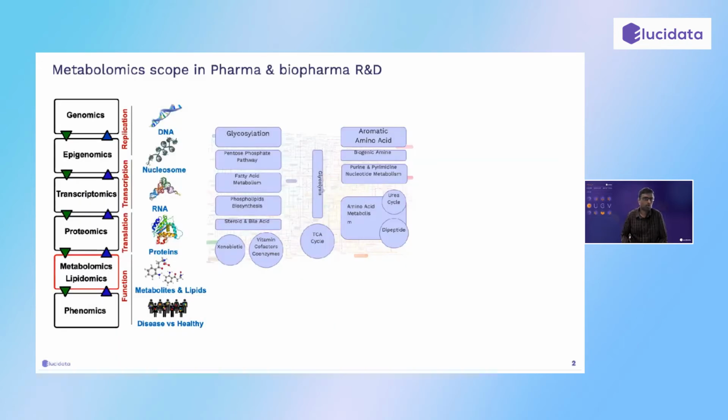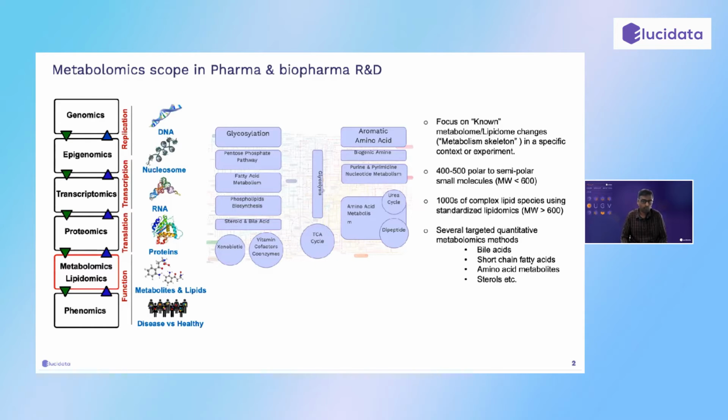So what is the scope of metabolomics in pharma or, for example, in biopharma R&D? If you think about it, mostly we are interested in knowing the changes or perturbations in the known metabolome or lipidome in a biological system.